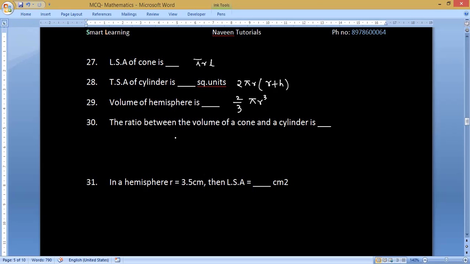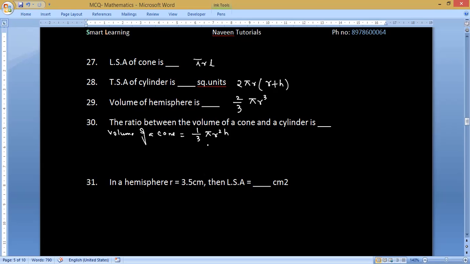Next question is the ratio between the volume of a cone and the volume of a cylinder. What is the volume of a cone? Volume of a cone is 1 by 3 pi r square h.